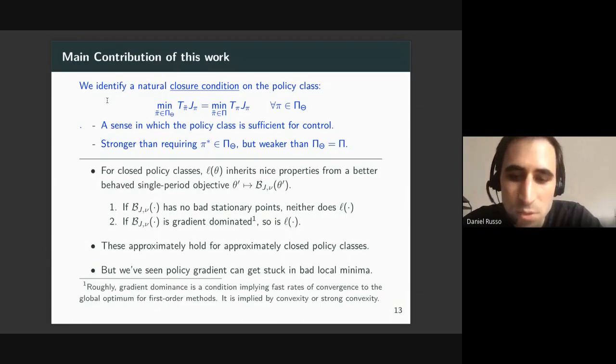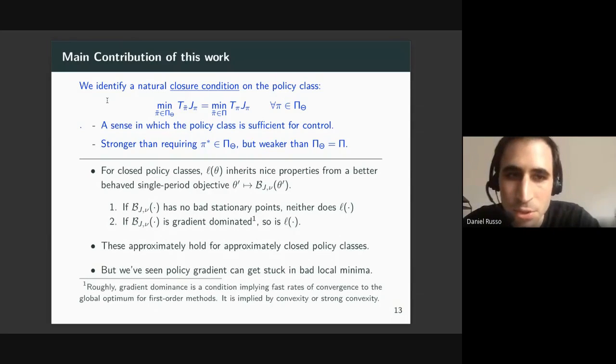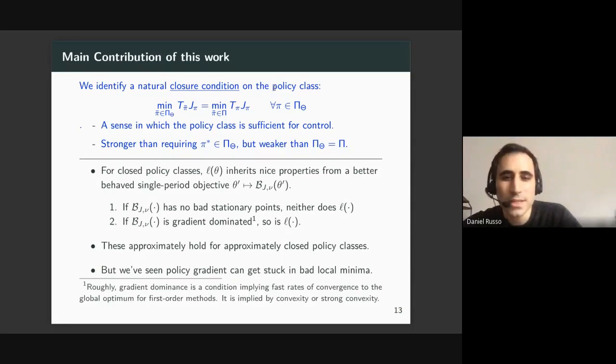I'll spend a while unpacking this idea, and then in a couple of slides, I'll discuss related literature. So what is this condition? Well, what it says is that over here on the right-hand side, I guess there's a typo here. This should be pi bar.